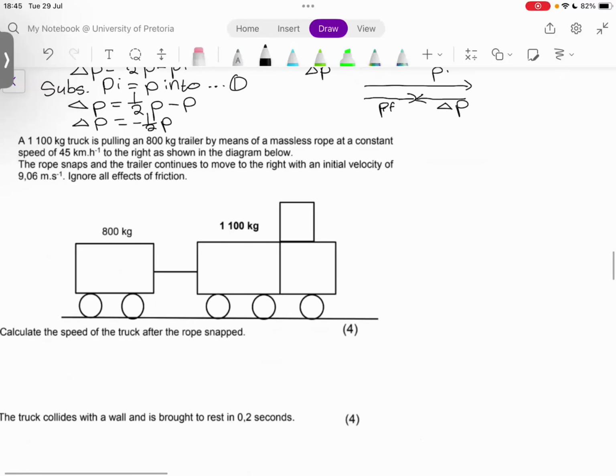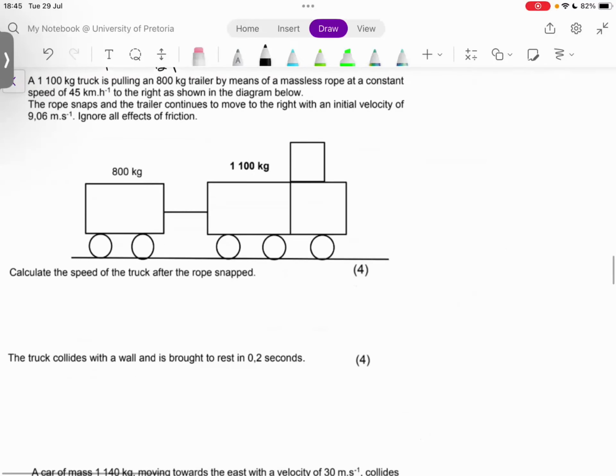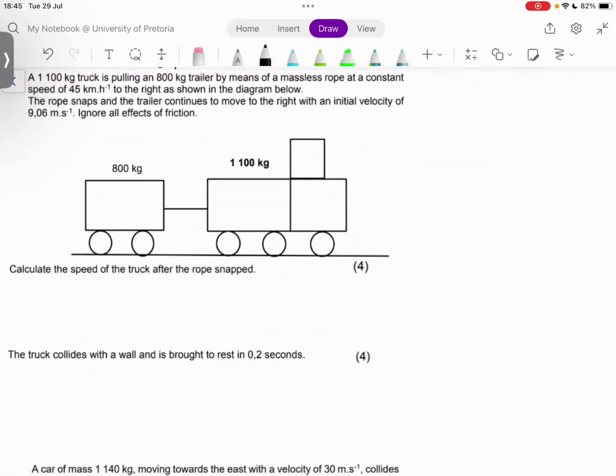Let's carry on. We have this scenario right here. A 1,100 kilogram truck is pulling an 800-kilogram trailer by means of a massless rope at a constant speed of 45 kilometers per hour to the right, as shown in the diagram below.